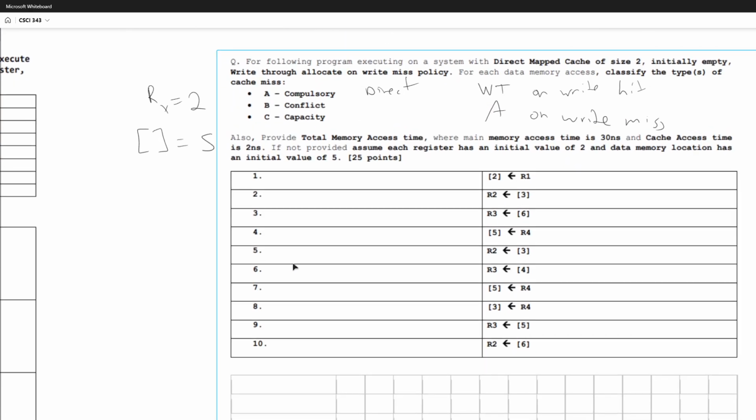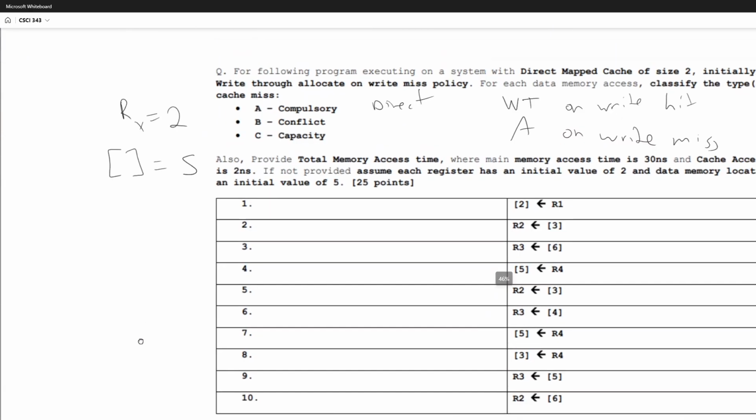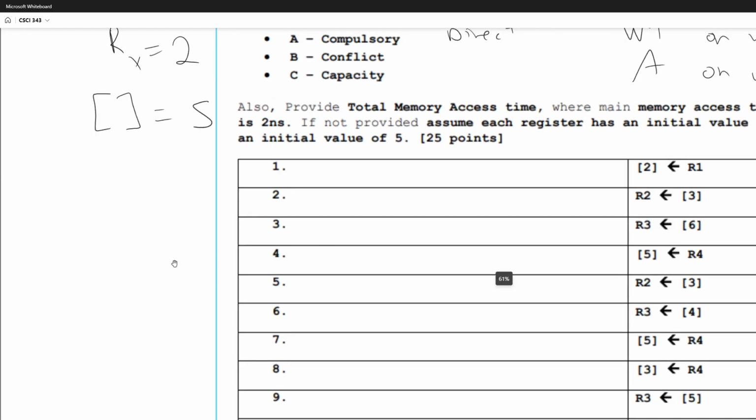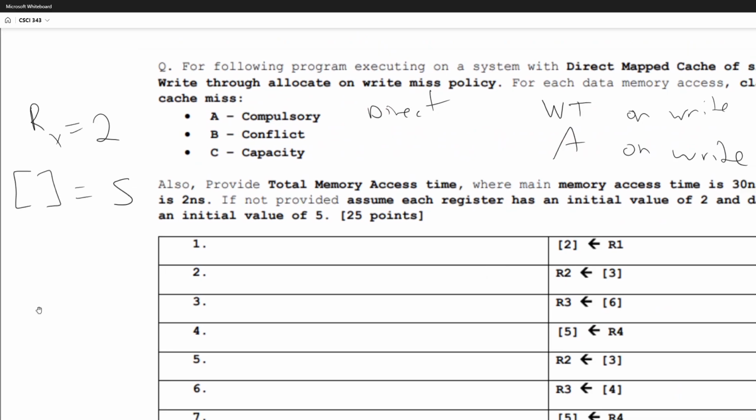Oh, this is gonna be gross. Okay, so this is going to be an S type. L, load, store, load, store, load.